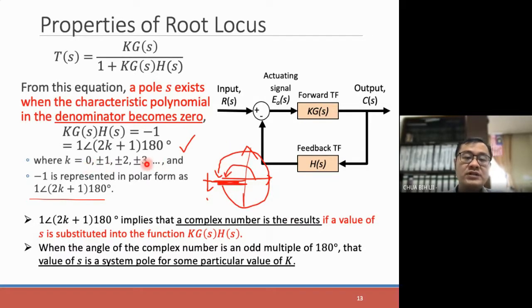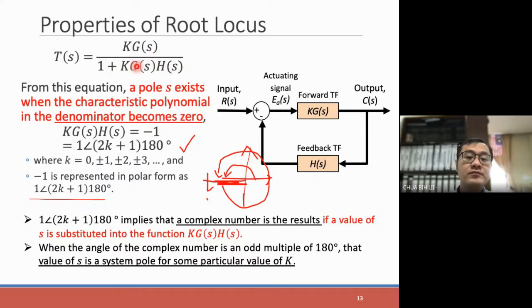Because you can see this is an even number plus 1, so it always becomes an odd number, right? So when this occurs, then the value of s in the system's pole would be equal to 0. And when this equals 0, meaning you already get the poles, because we want to get the poles at the denominator.